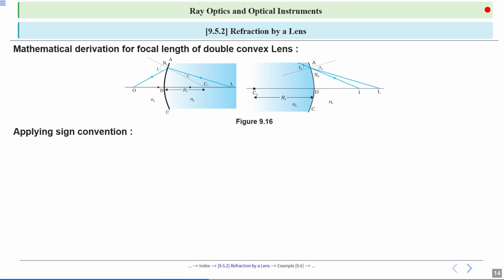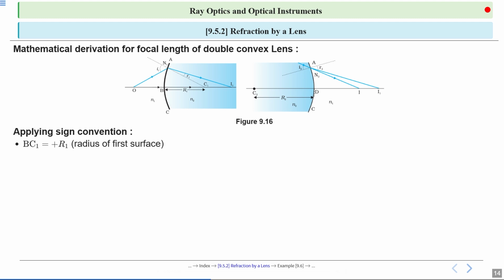Applying sign conventions, for BC1, incident light is coming from left to right. We are measuring this radius of curvature R1 from B towards C1, in the direction of incident light, so it will be taken as positive.